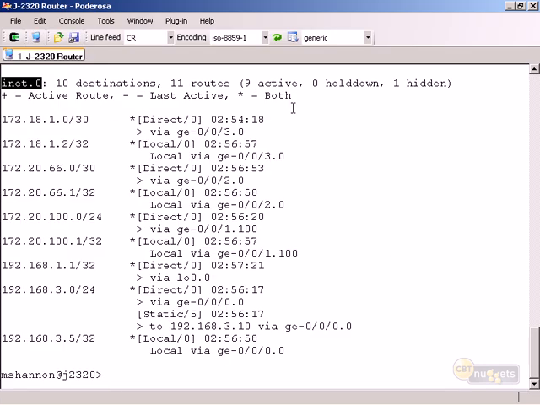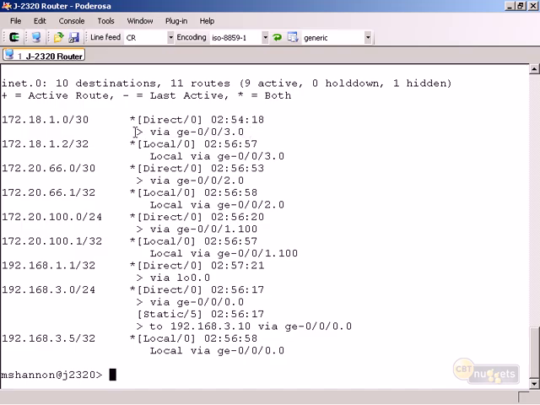Let's explore this a little bit more here. We can see that we have this asterisk, which basically tells us that this is the active route, okay? Technically, the plus is the active route, but we don't have more than one option here. So the asterisk is going to tell us that this has been the selected active route. Now, down here, we're going to see that this is the selected path, okay?